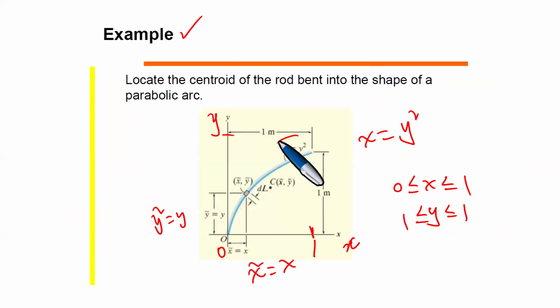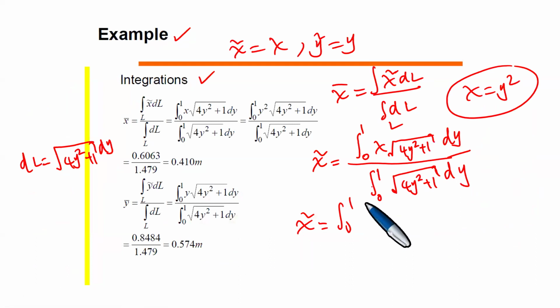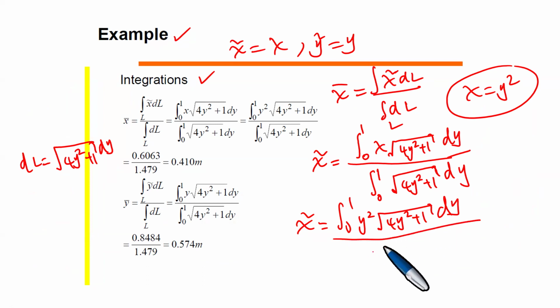Because x equals y squared, wherever there is x, you can put y squared. The integral of y squared times the square root of 4y squared plus 1 dy, we divide everything by the integral from 0 to 1 of the square root of 4y squared plus 1 dy. Like this. Okay, we're good.